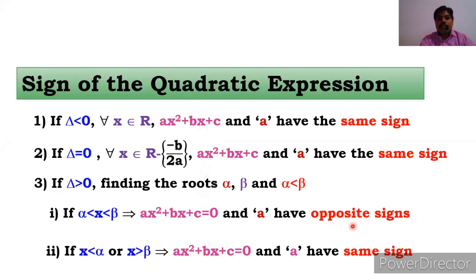If delta is greater than 0 and alpha is less than x less than beta, only in this case do a and ax square plus bx plus c have opposite sign. In all the remaining cases, both have the same sign. So just remember these conditions.